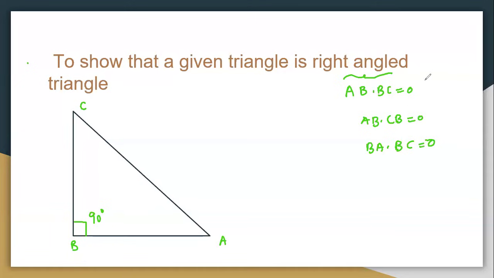Yes. So, members, always pay attention. We say that the arrows must be moving from the same point. So that means you could have BA and BC, so this is very okay, equals to 0.